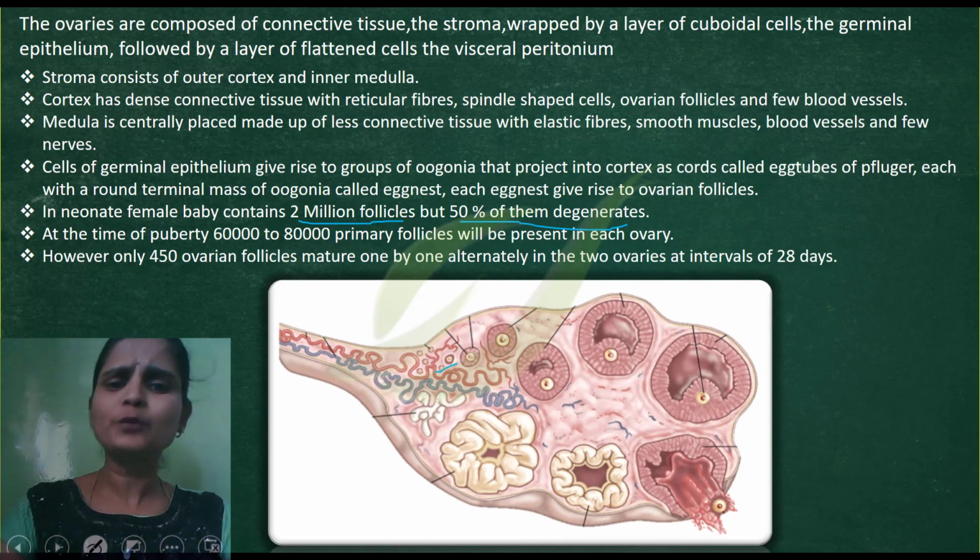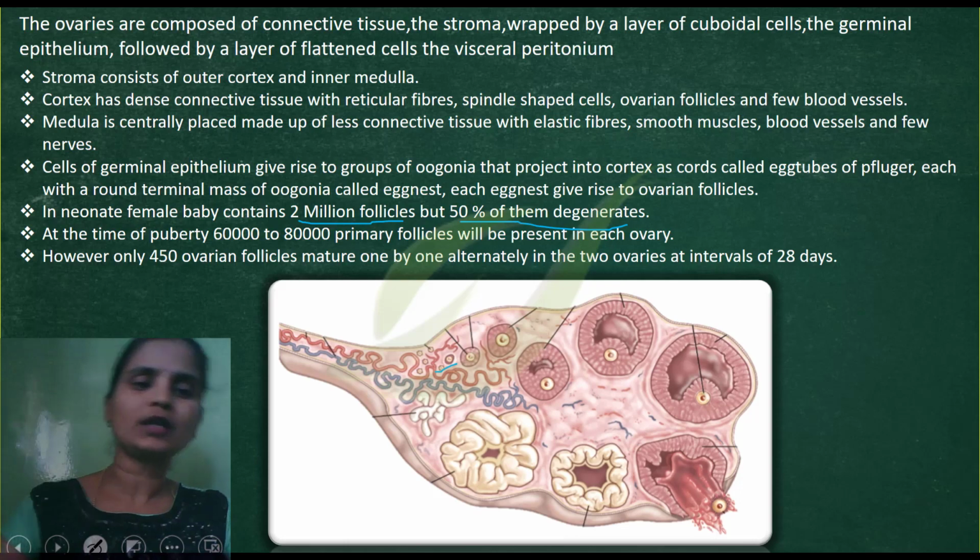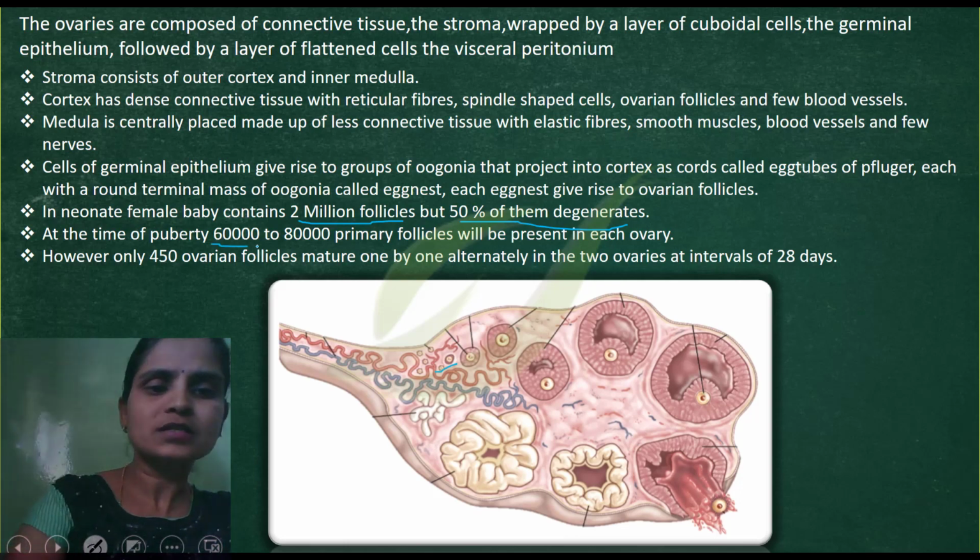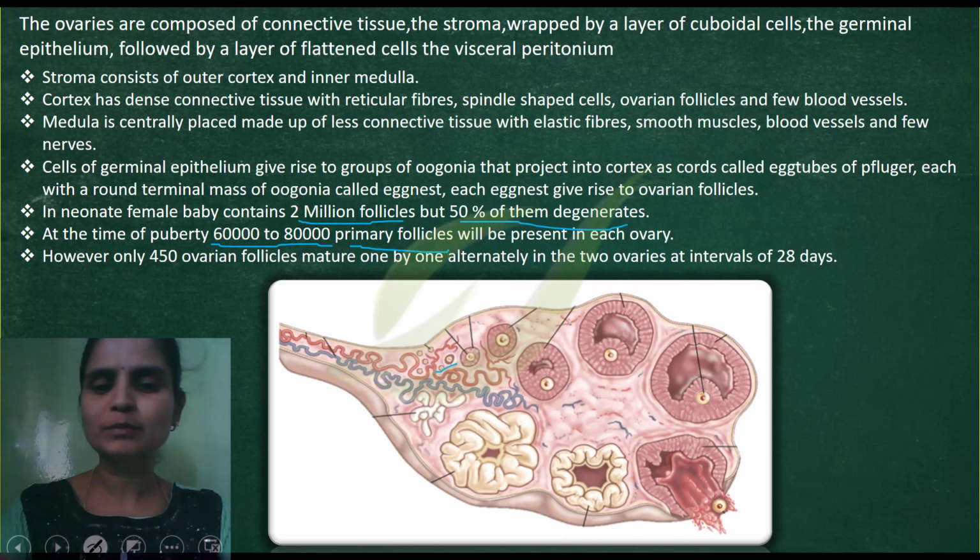At the time of puberty, in a female at the age of 10 or 11, the puberty period will start. At the time of puberty, there will be 60,000 to 80,000 primary follicles present in each ovary.